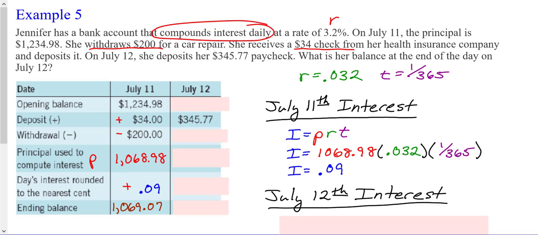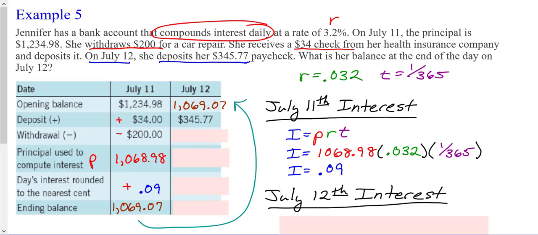So in our bank account, our ending balance is now going to become our beginning balance. Okay, so in our statement that was given to us on July 12th, deposits $345.77, and they said nothing about any withdrawals.